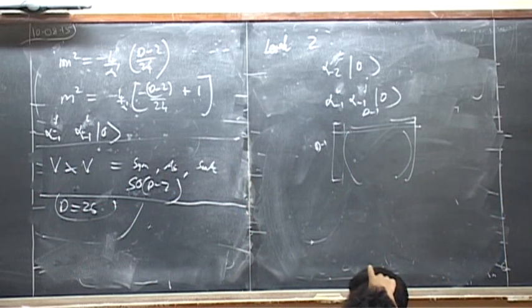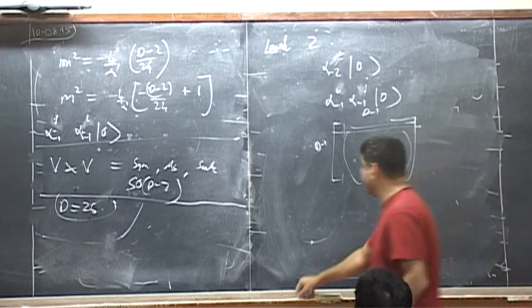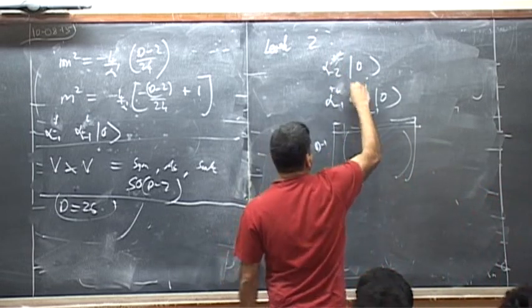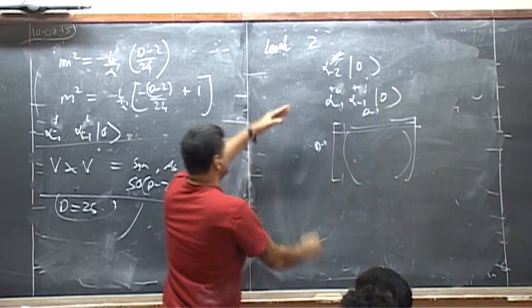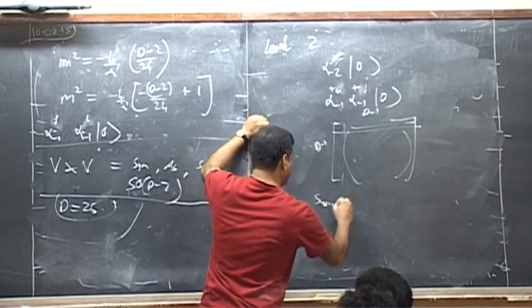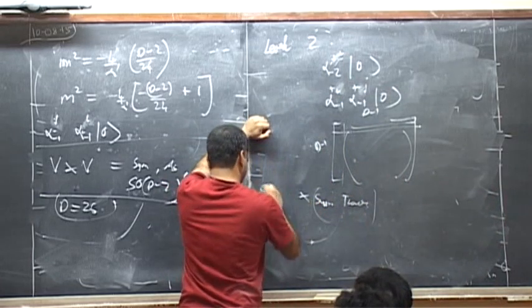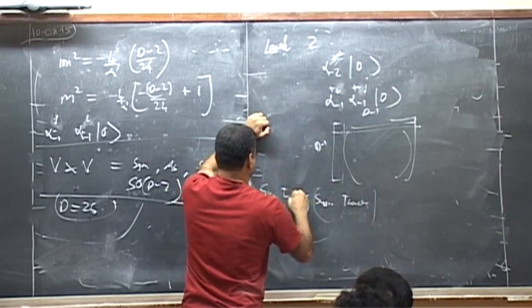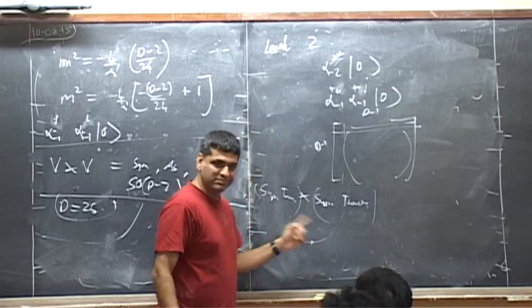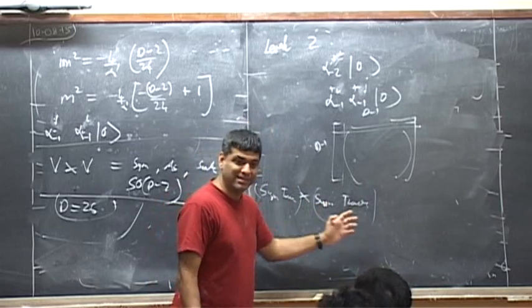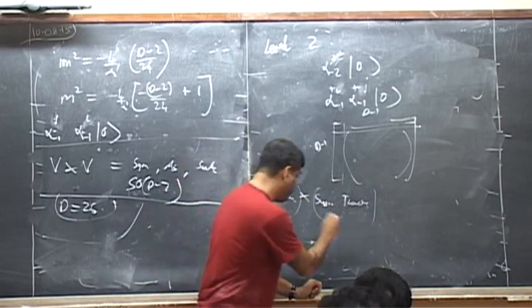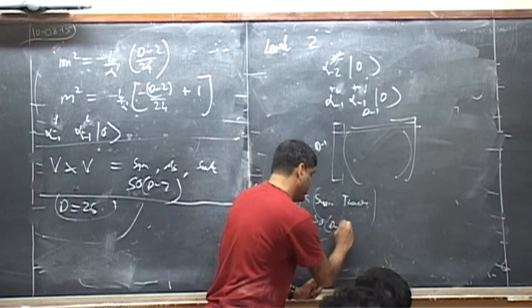Go on. The plus minus indices for left, right, for these level 2 states, it's not very clear about that. Everything is either plus or minus. Okay, so what have we got? We've got symmetric traceless from left times symmetric traceless from right. That's the full representation. Now, symmetric traceless of SO(D-1).